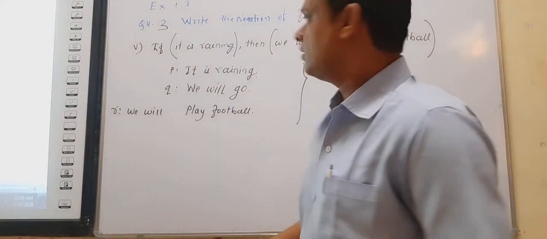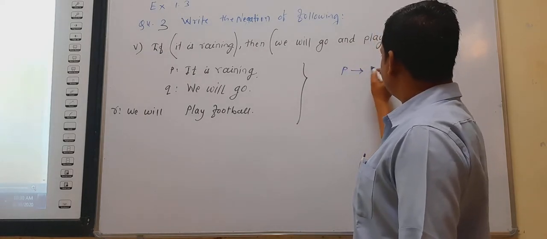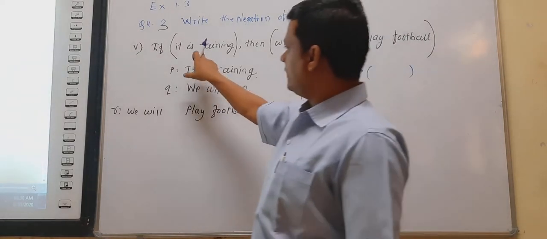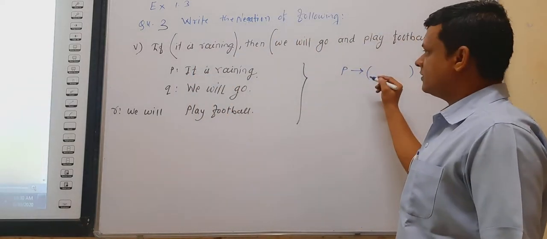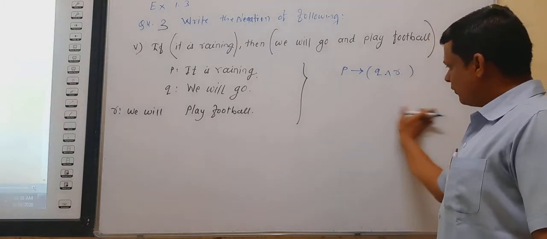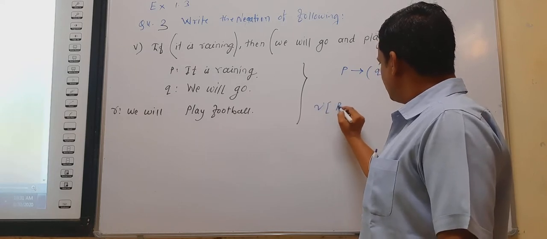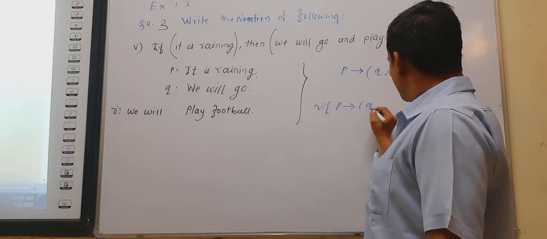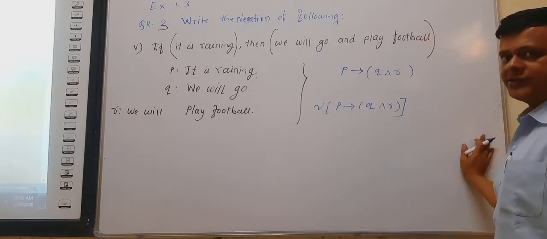So the symbolic form is P implies. First statement is P. Second statement is conjunction of these two statements, that is Q and R. So we have to take negation for this: negation of P implies Q and R. Now apply the rule first.